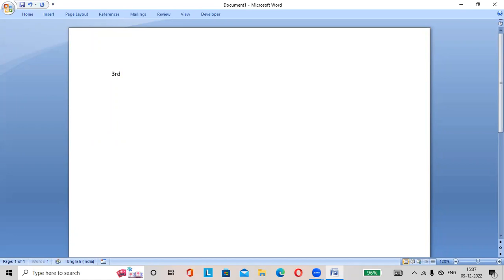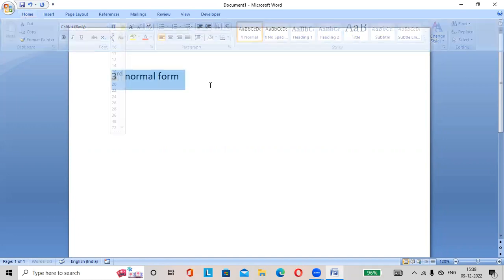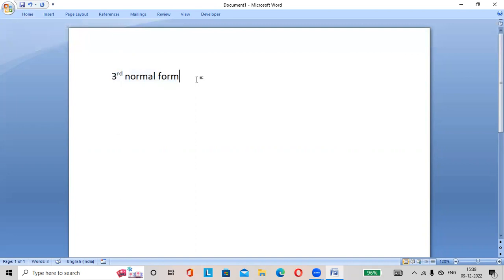Third normal form. What are the rules of third normal form? The table should be in second normal form.